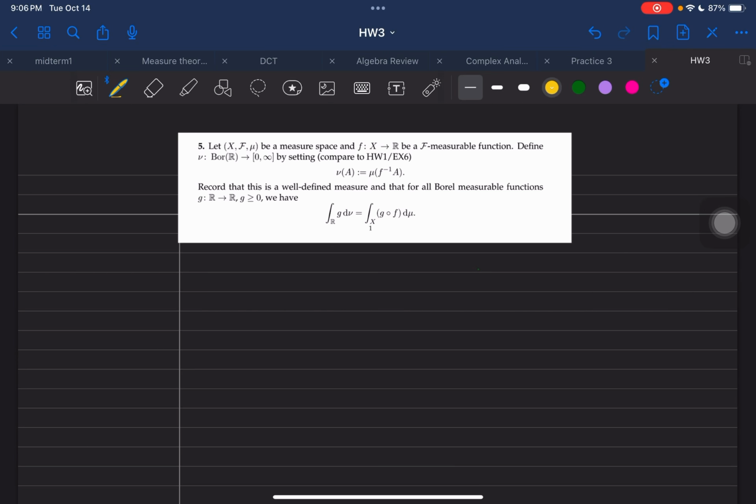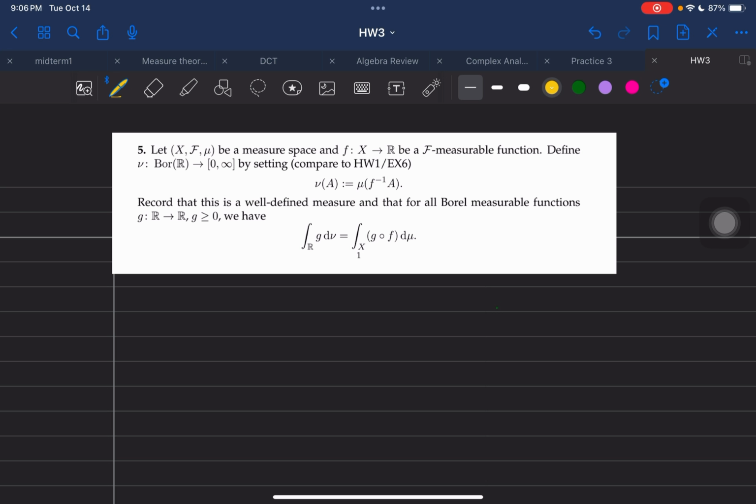Hi everyone, in this video I'm gonna explain how to solve this problem. The problem has two parts. The first one is if we have a measure space and we have a measurable function, then we can utilize the measure mu to define a new measure, also by utilizing the measurable function.